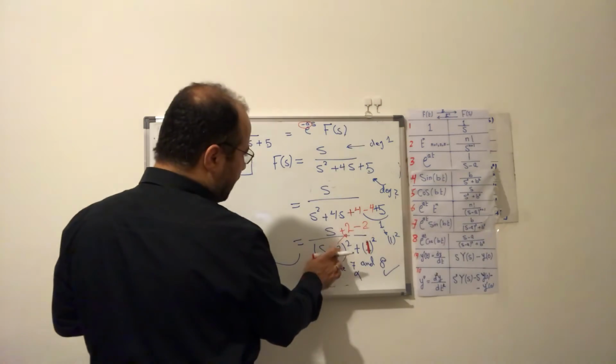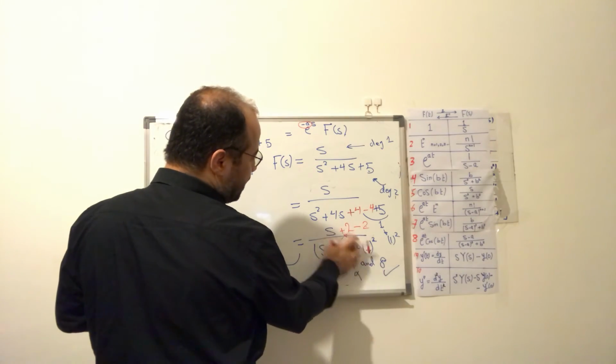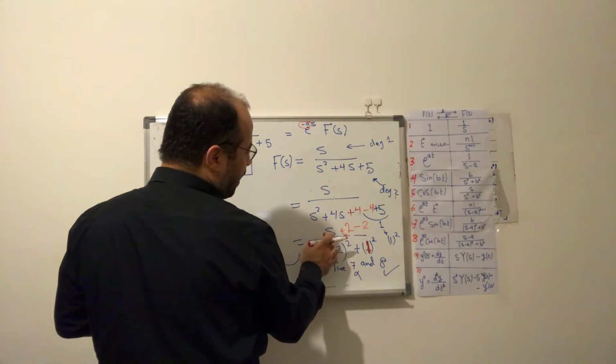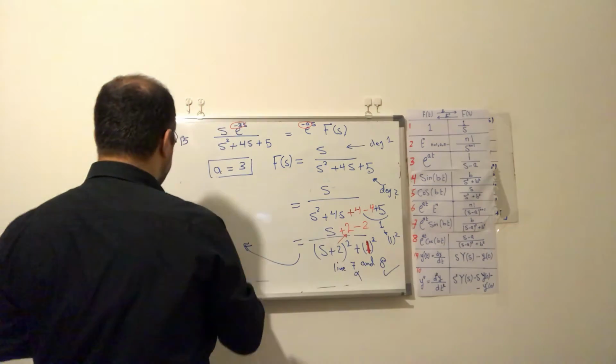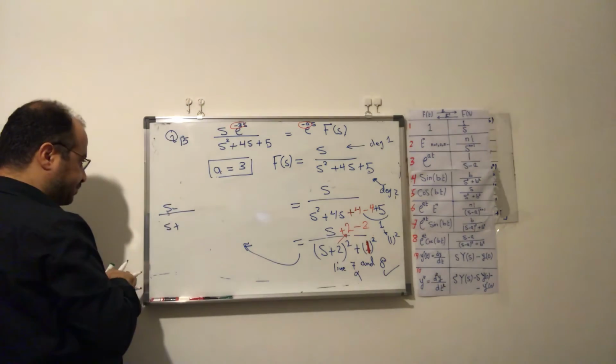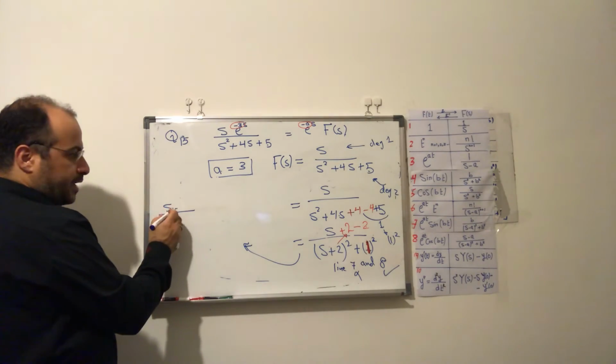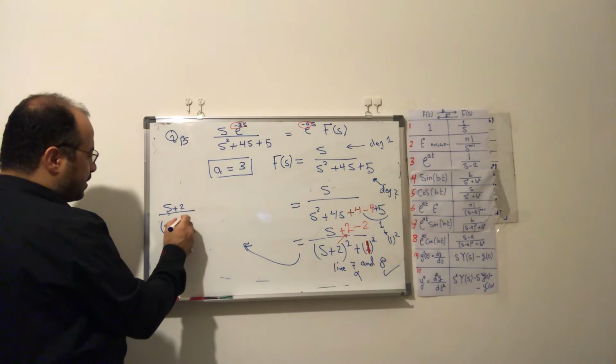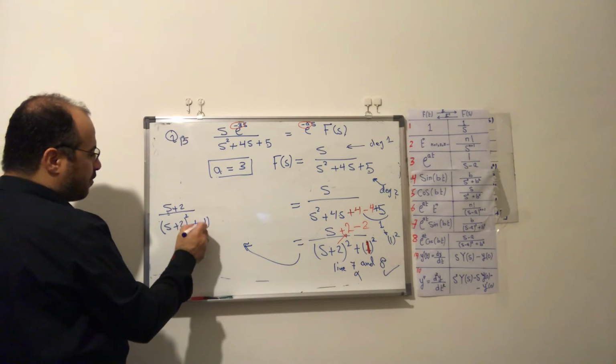So I don't need plus p, I need s minus a and s minus a. So I need s plus 2, and here s plus 2, and then squared, and then here we have 1 squared.